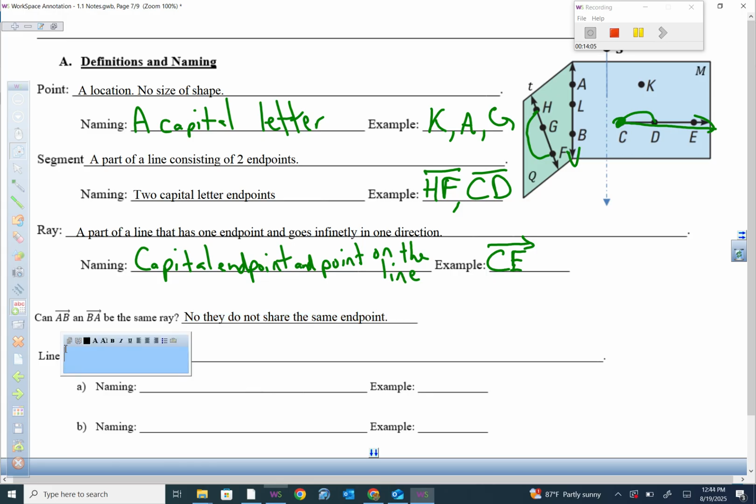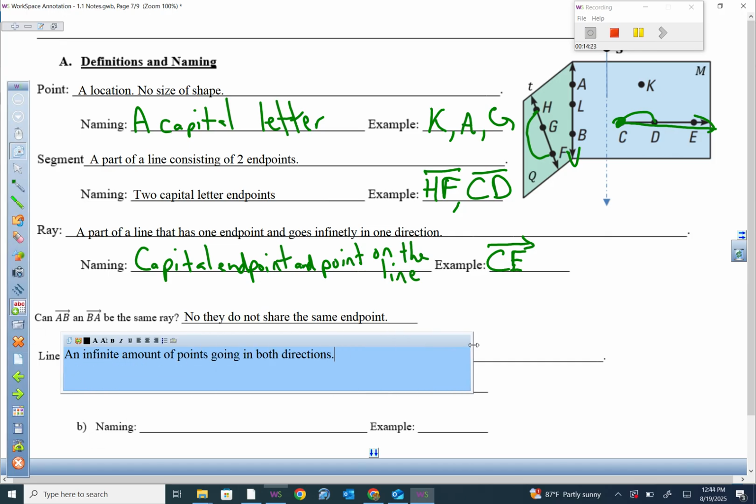All right, let's talk about a line. A line is an infinite amount of points going in both directions, which we should kind of know because it goes on forever. Every time you drew a line last year, you should have had to put arrows at the end of it. Okay? There's a couple ways of naming it.